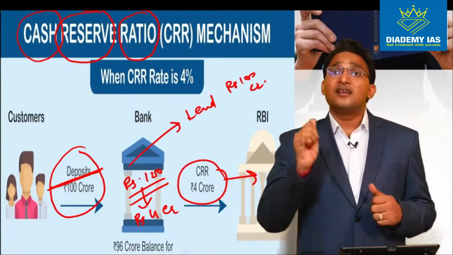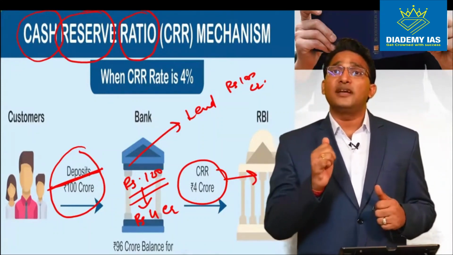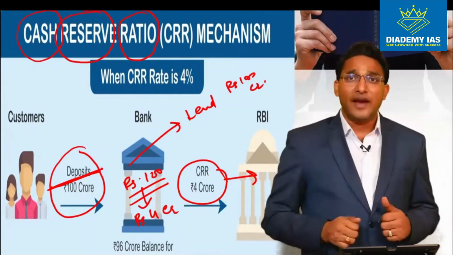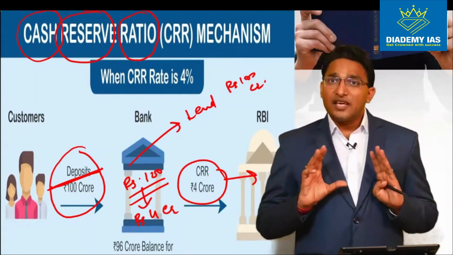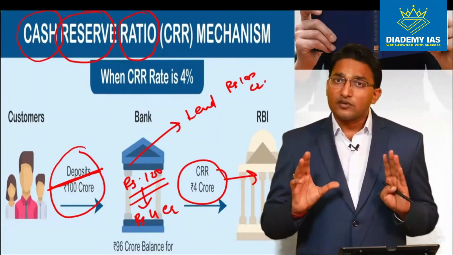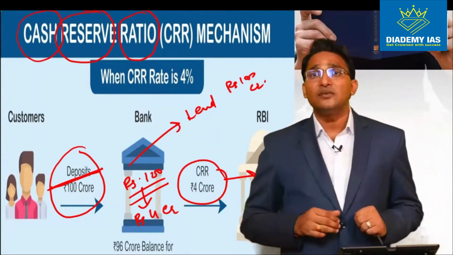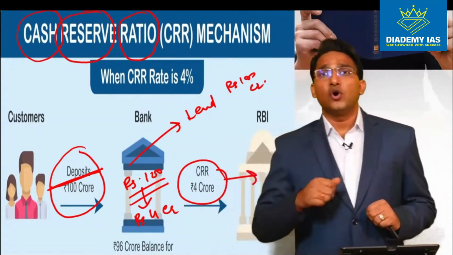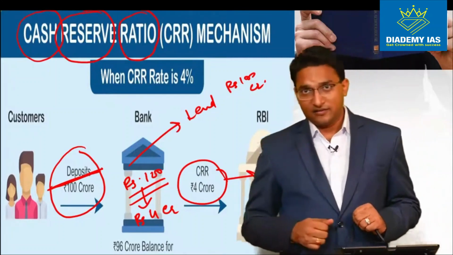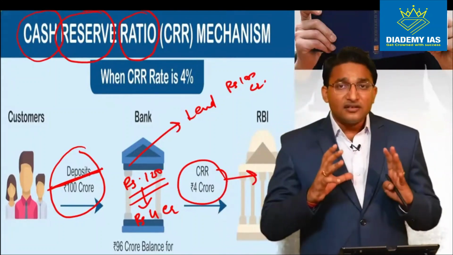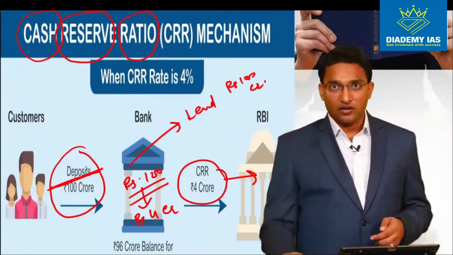But since the Reserve Bank already had the money from the Punjab National Bank or the ICICI Bank, people were rest assured that their money is very safe. So the trust of the people in the banking system got instilled and strengthened. Therefore, this cash reserve ratio plays a very important role.